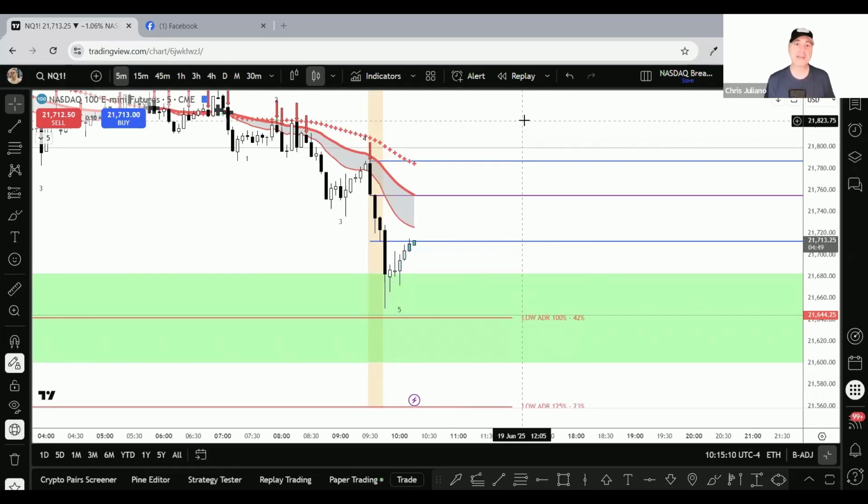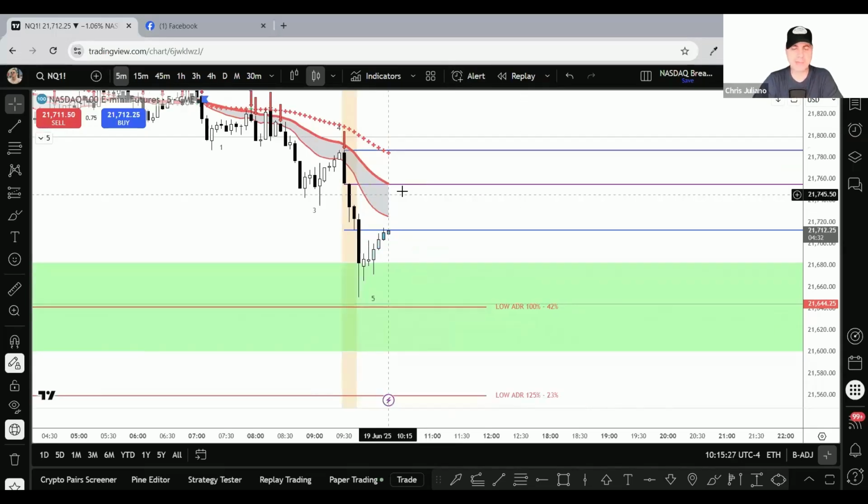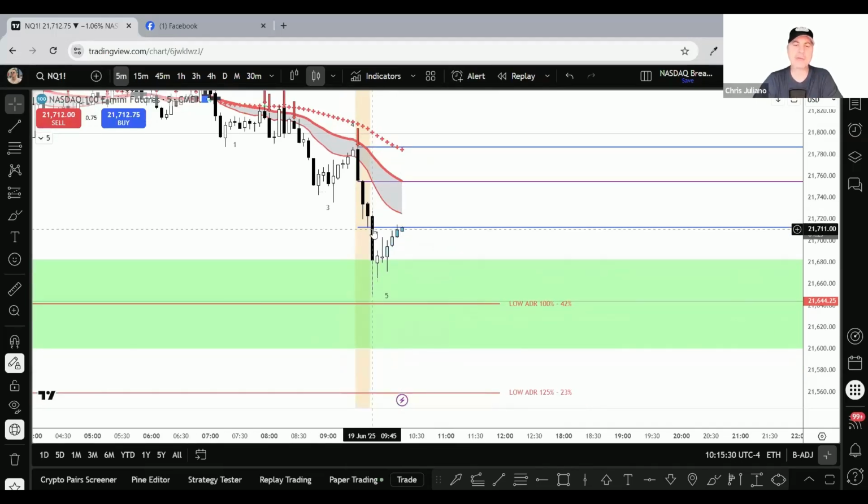So you want to be safe, you go for that 1.5, or you go for that 2-to-1. And then the actual breakout strategy itself, we're looking at about 70%, right? So 70% of the time when you have all those three components met, the breakout will continue to the downside.